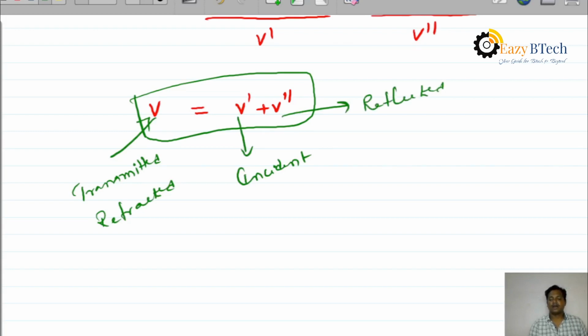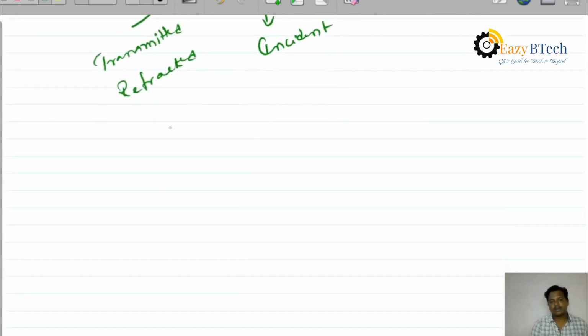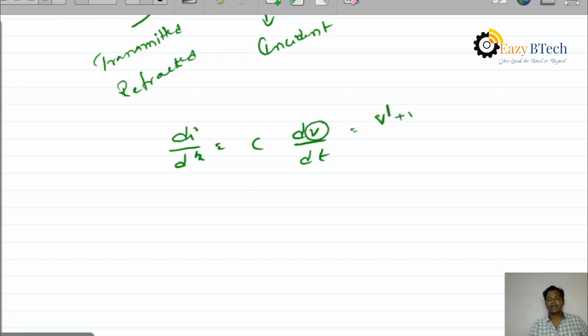Okay, now from the voltage waveform, like this we will also get the current waveform. We know that dI/dx equals C into dV/dt. Therefore, from this we already know the expression for V equals V dash plus V double dash, that is f of root LC x minus t plus phi of root LC x plus t.